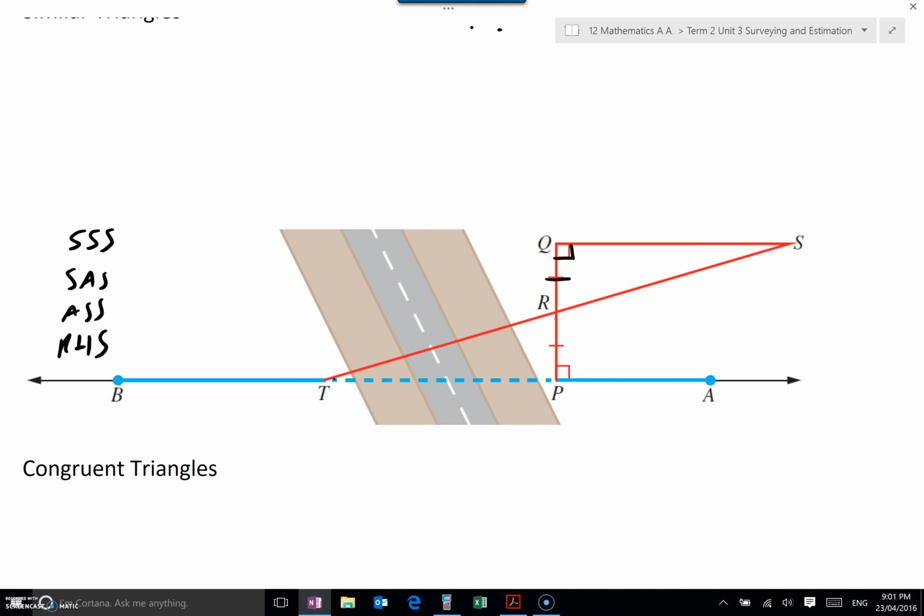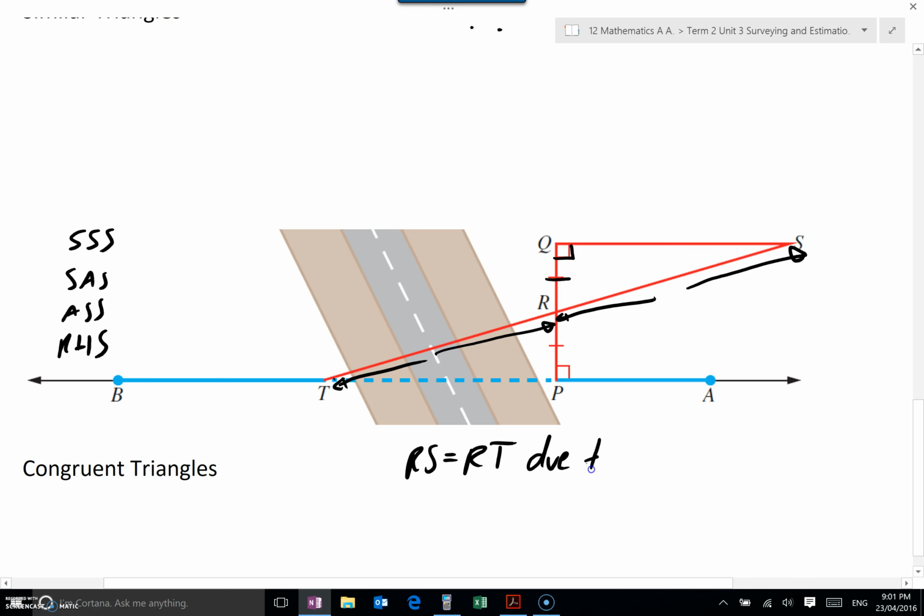So what we can do is, if I can measure this distance RS, I know it's going to be the same as RT. RS equals RT due to congruence.